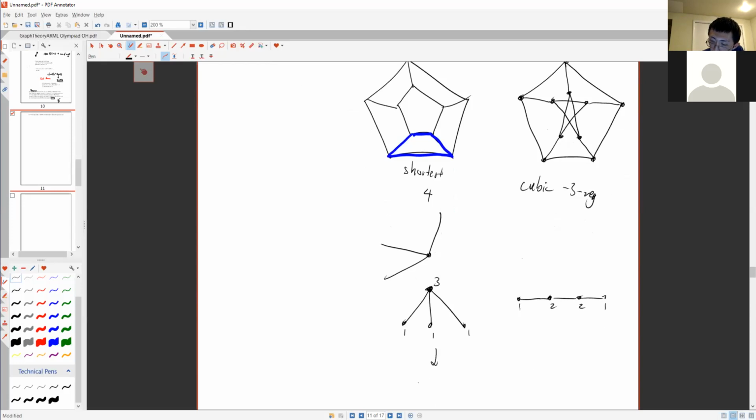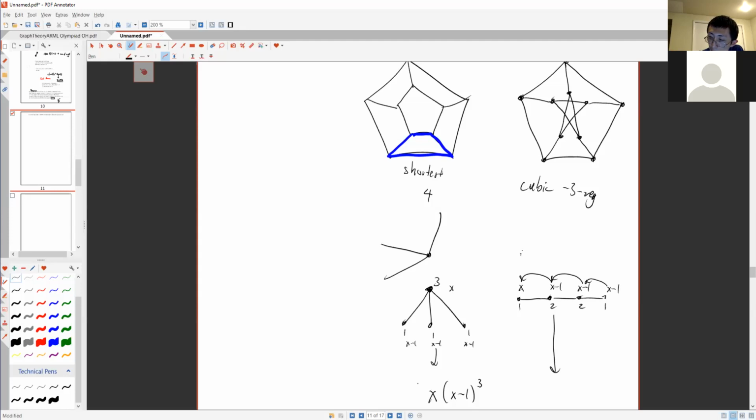This one has chromatic polynomial. There's x choices there and x minus 1 choices for each of these. Let's check this one, right? There's x choices here, x minus 1, x minus 1, x minus 1, because each one has to be different than the previous one, for when we choose the next color.